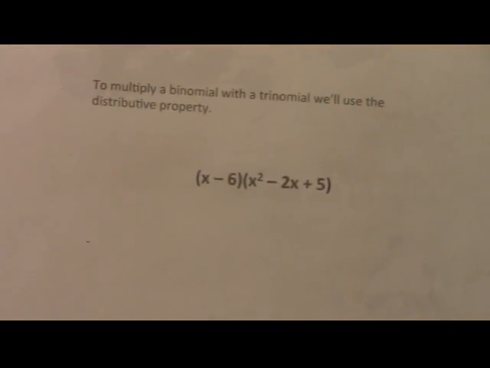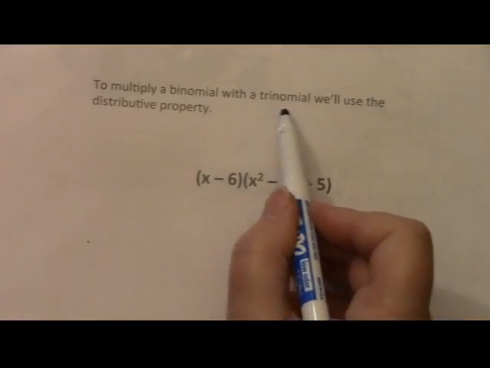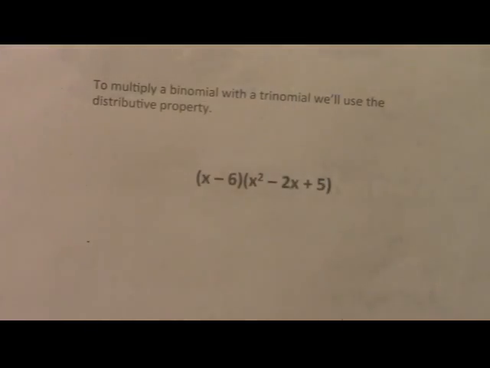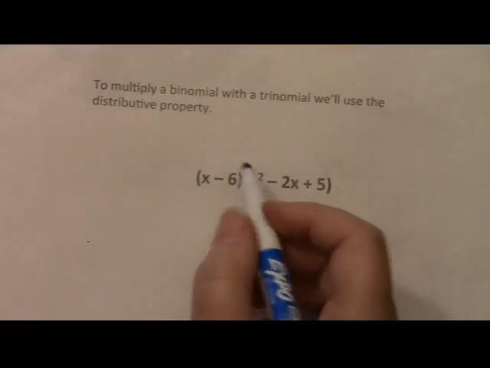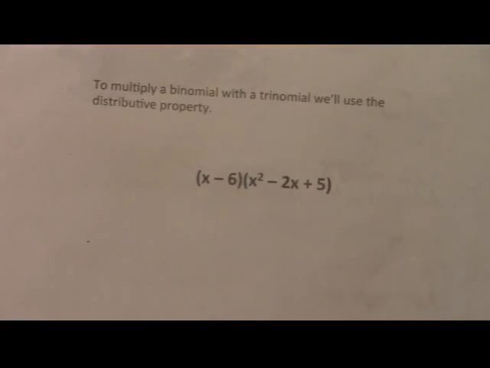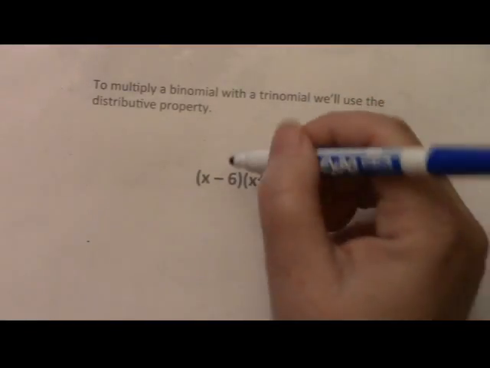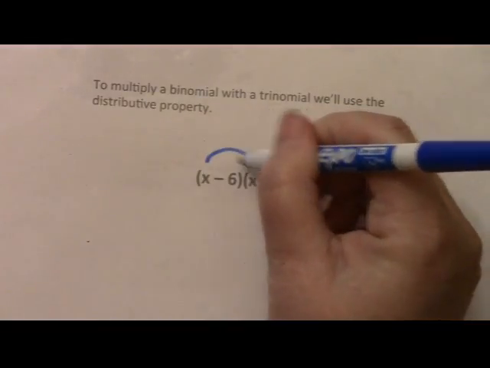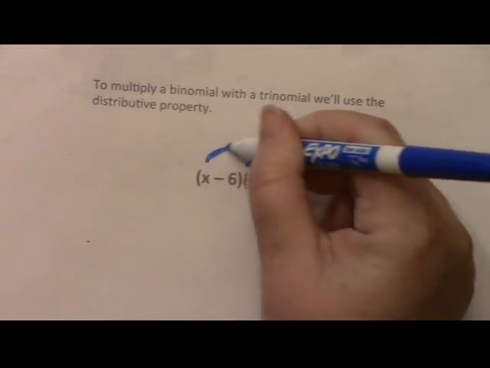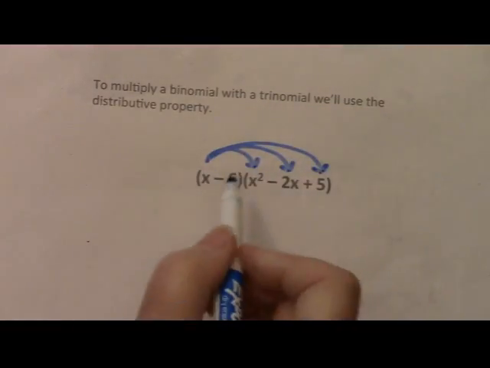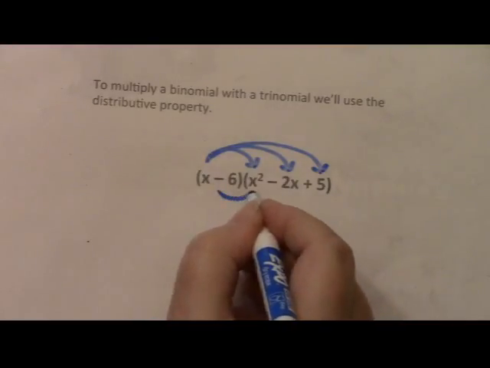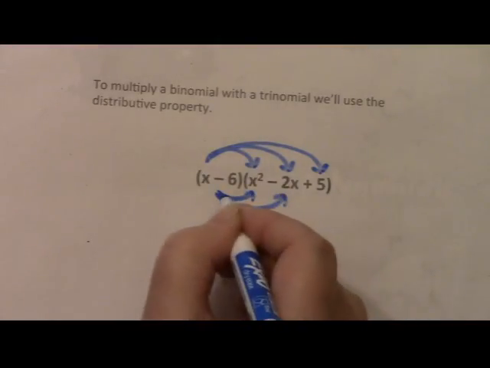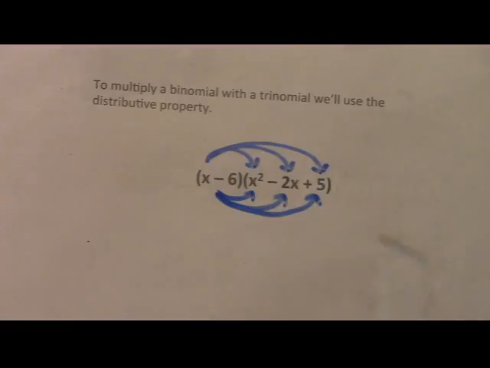Let's take a look at how to multiply a binomial with a trinomial. We're going to use the distributive property. We only use FOIL with two binomials, but now we need to distribute the x to every term in the parentheses, and also the negative 6 gets distributed to each term. We're going to end up with a string of 6 terms, and then we're going to combine them.